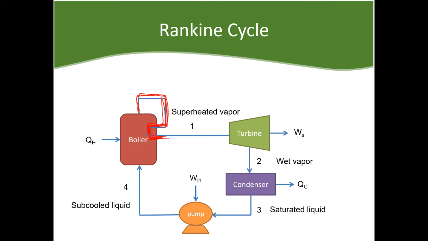Para superheated siya pagpasok ng turbine, hindi lang saturated vapor. And then, isa pa, paglabas ng condenser ay lalabas siya ng saturated liquid region. Lalabas siya para subcooled siya. Para yung pump, ang i-handle lang niya, subcooled at saka purely saturated liquid.